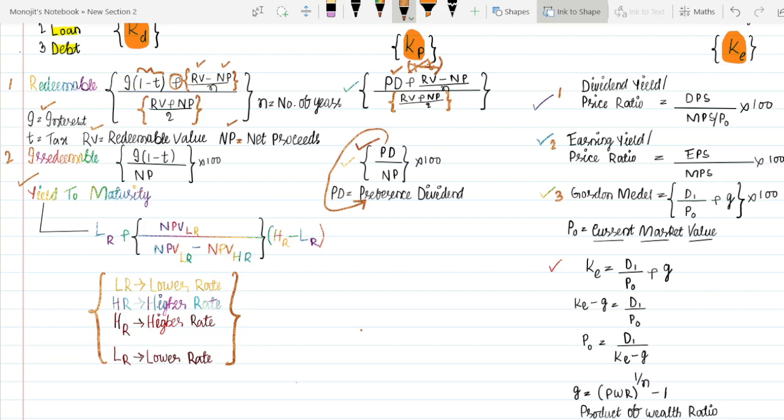And now we need to multiply this component with the higher rate minus lower rate. So this is the formula for yield to maturity.